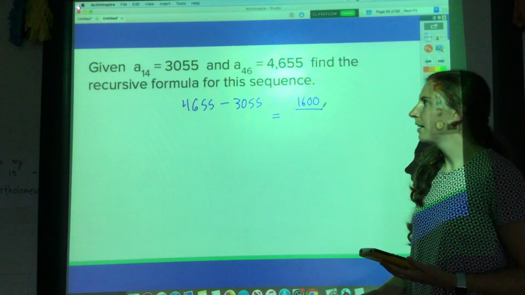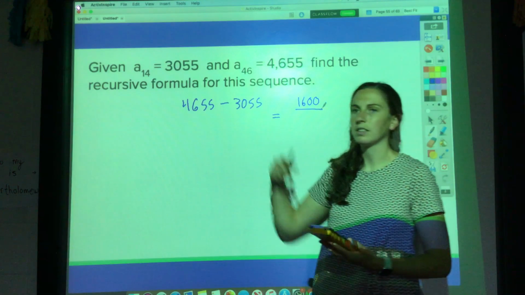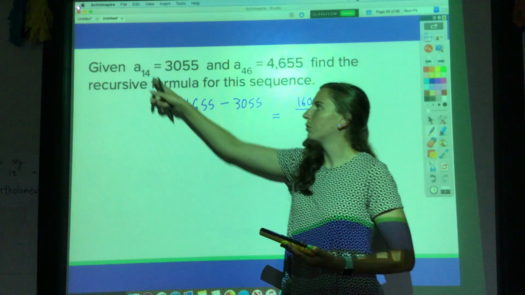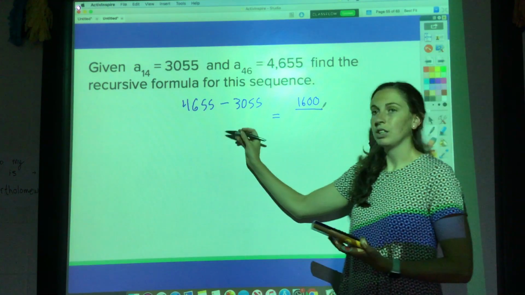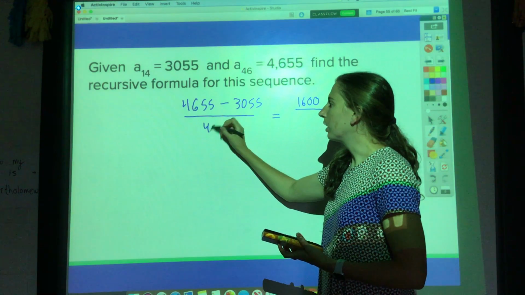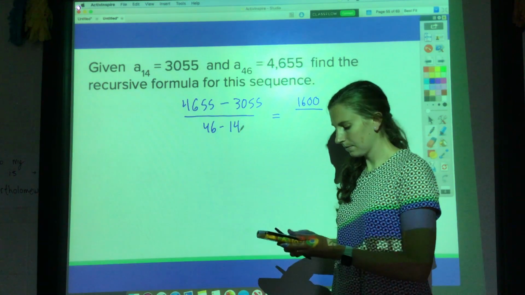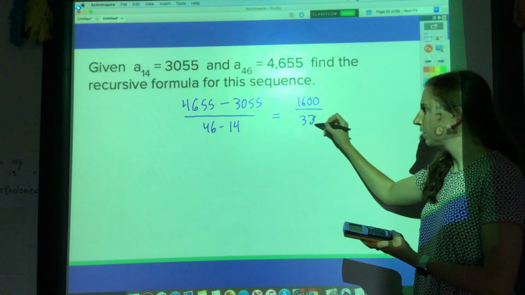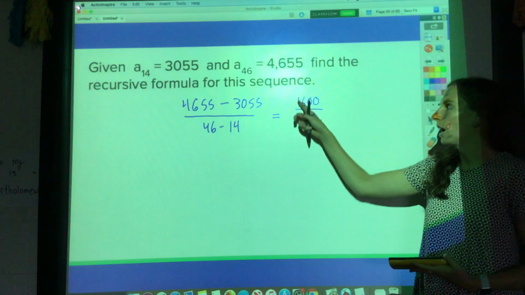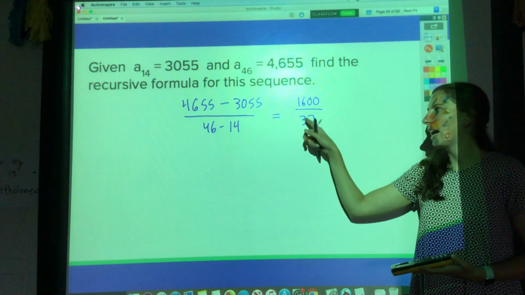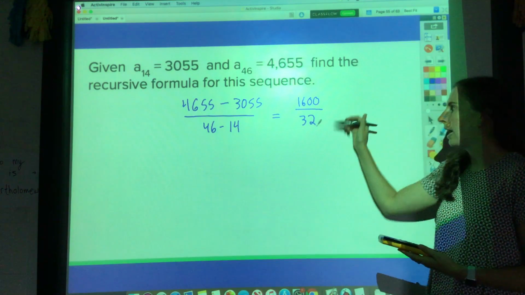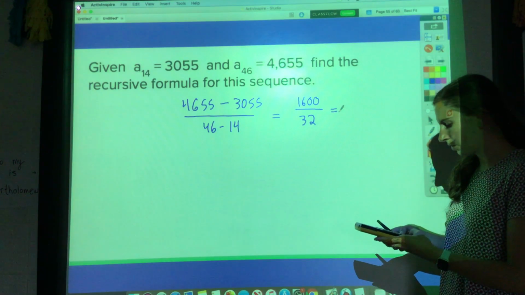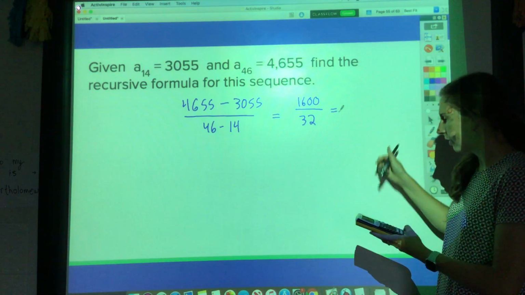Divide that by how many terms have passed. How many terms has it been from 14 to 46. You can find that by doing 46 minus 14, which is 32. So this is how much has changed divided by how many terms it's been, and that should give you, what is that, 50.